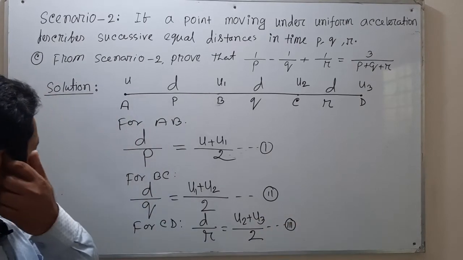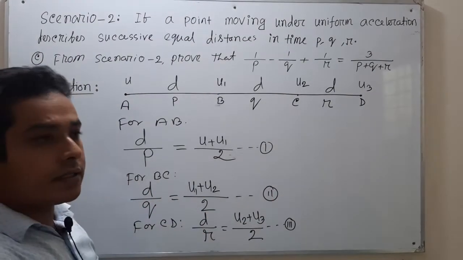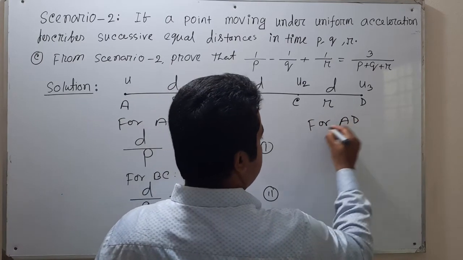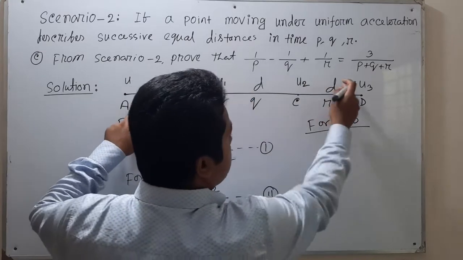Now for the whole journey AD, here distance is d plus d plus d is equal to 3d.